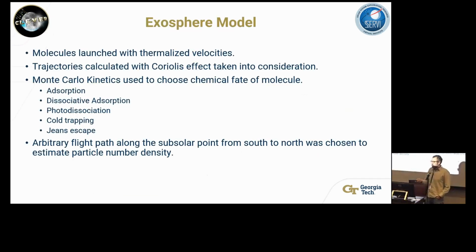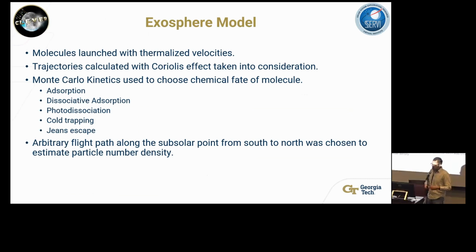Okay, so this is a quick summary of the exosphere model. This is very similar to what other people have done. Molecules were launched at thermalized velocities relative to the surface. Trajectories are calculated taking into account the spin of the Moon. I used a Monte Carlo kinetic scheme to choose the ultimate chemical fate of the molecule. This includes adsorption, dissociative adsorption, photodissociation, cold trapping in PSRs, and Jeans escape.